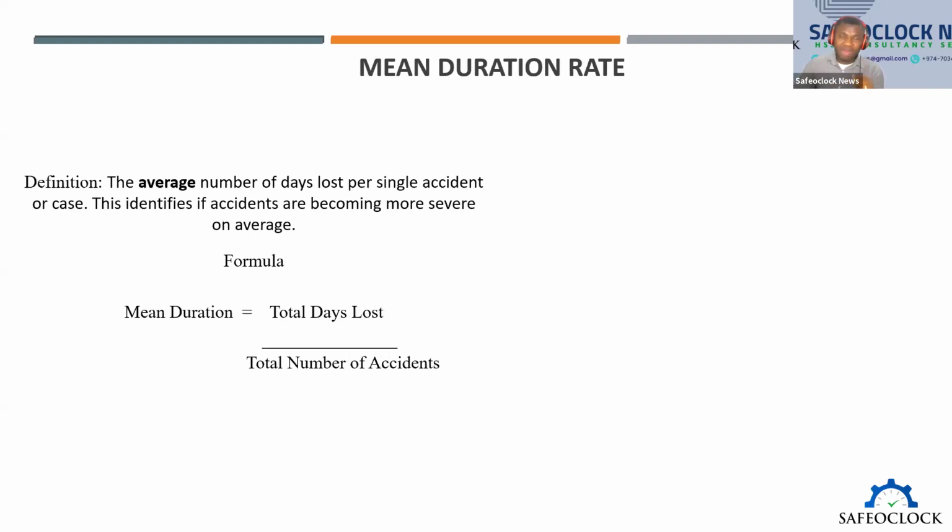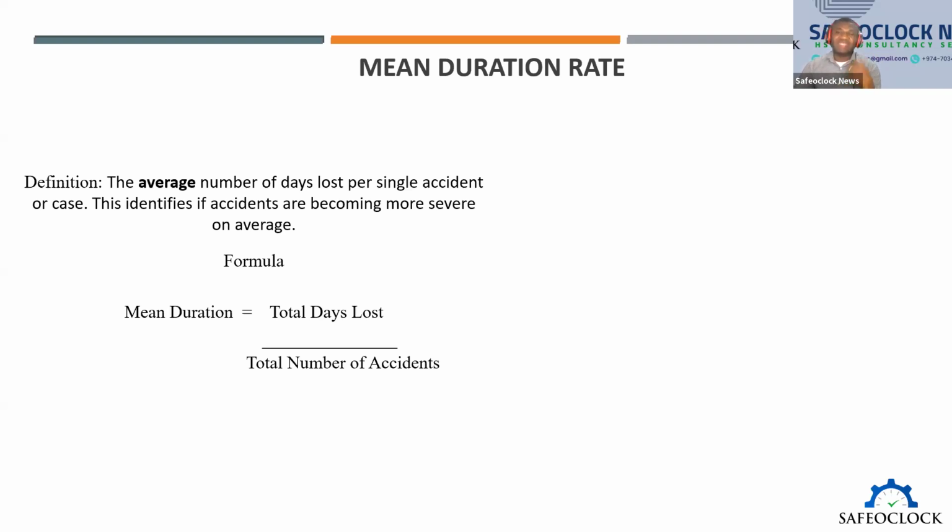So we have another parameter known as the mean duration rate. The mean duration rate helps us to get the average number of days lost per single accident. When an accident happens, we want to get the number of days lost because of that particular case. So it's focusing on that particular case. You get the mean duration of impact, or average number of days lost because of that.